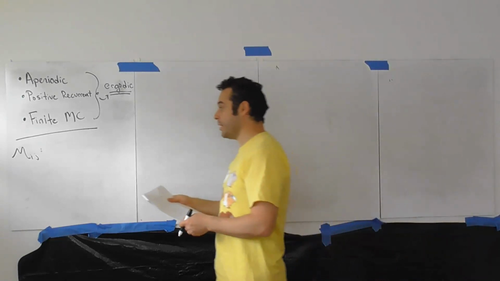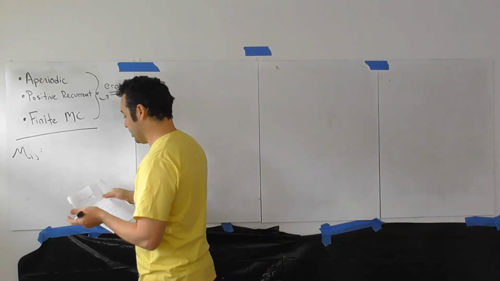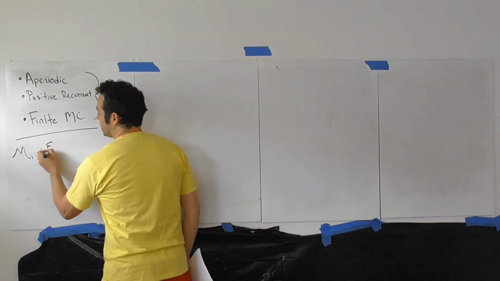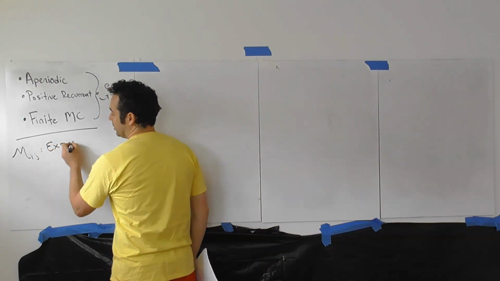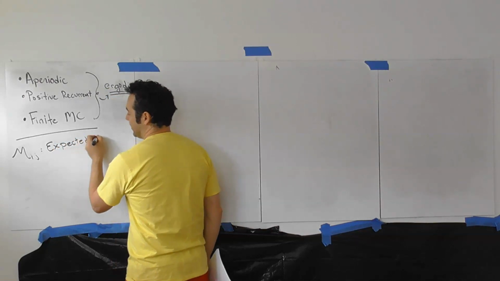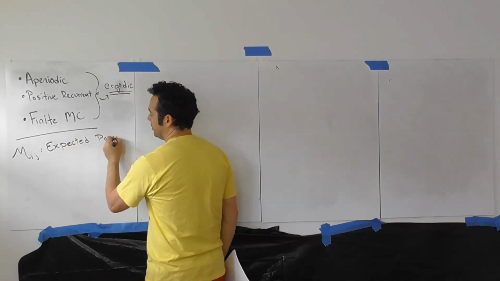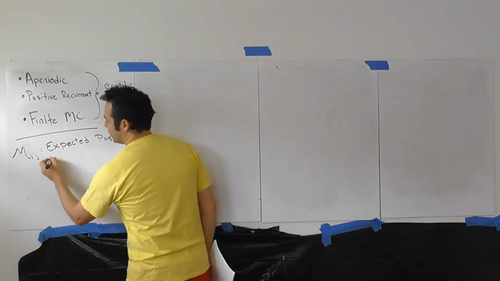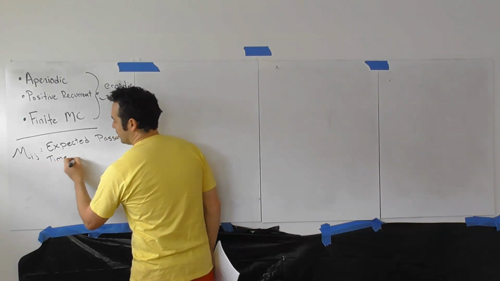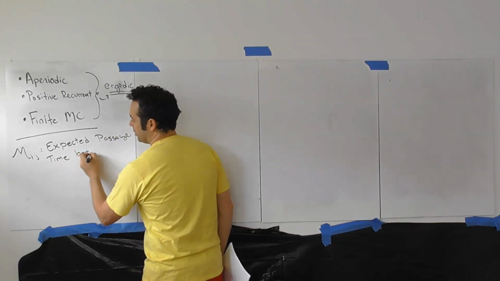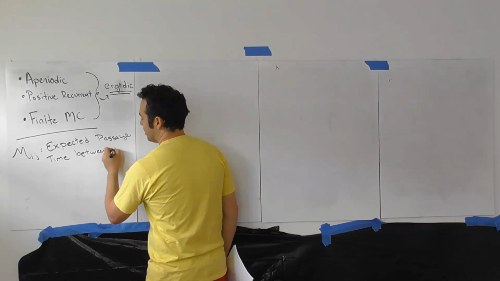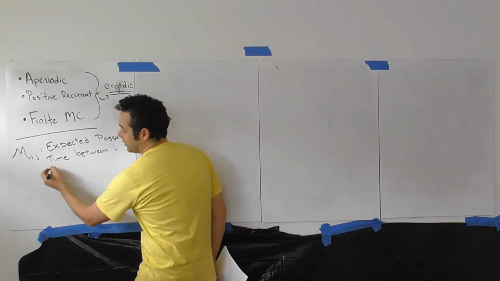And this mu ij goes by a few names, but what we're going to call it is the expected passage time between state i and state j.